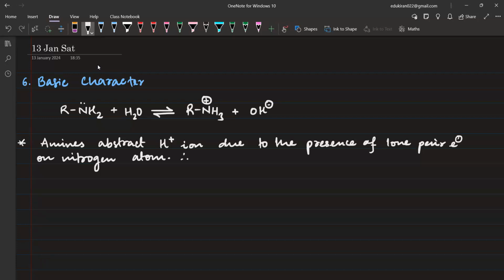Therefore, amines are Lewis base. Because they're able to donate electron pair, we call them Lewis base.